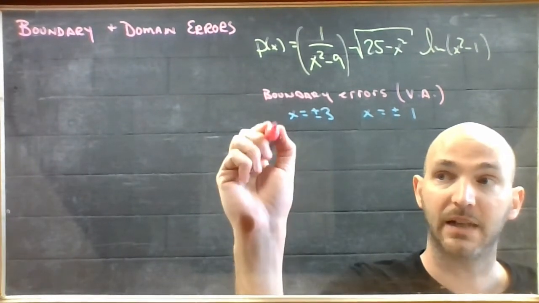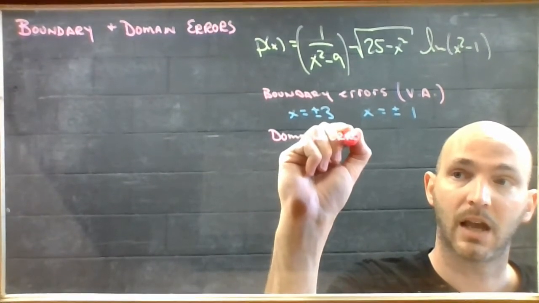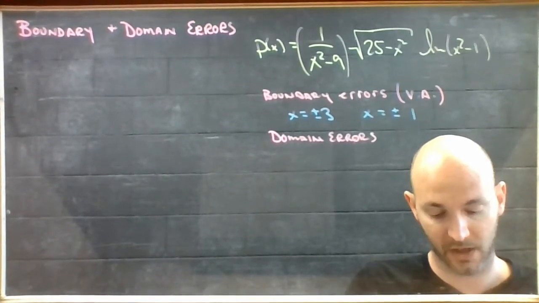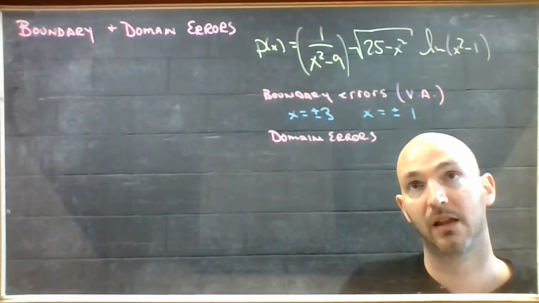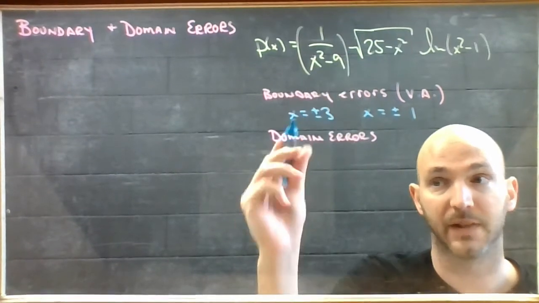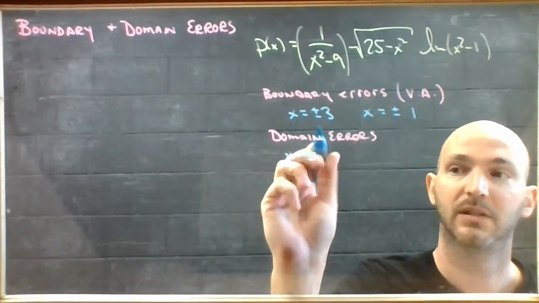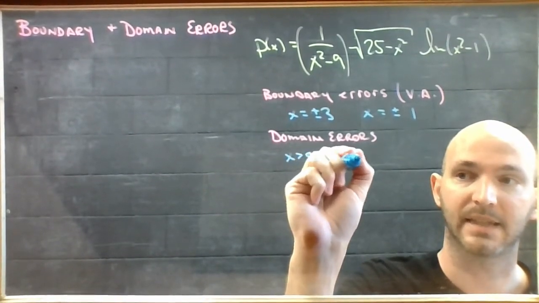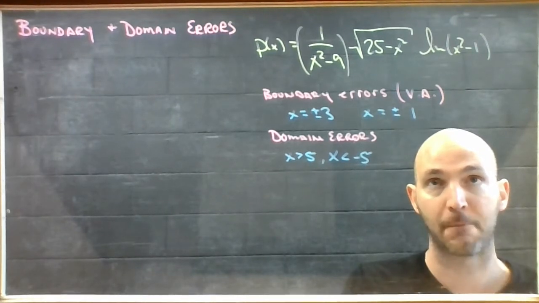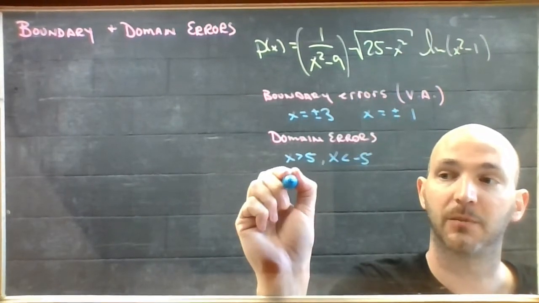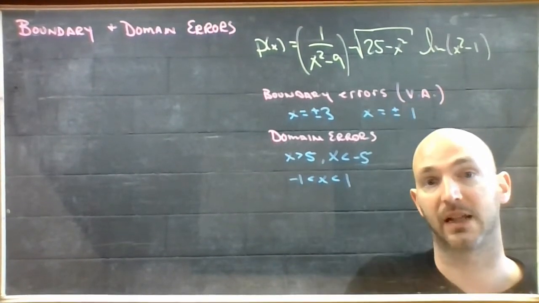Thinking about the domain errors, I have two pieces up there that are going to cause domain errors. The first one is this radical. I'm going to end up with a domain error there for x greater than 5 or x less than -5. So the function should stop in the wings at 5 and -5. I'm also going to have a domain error between -1 and +1 because of that logarithm.